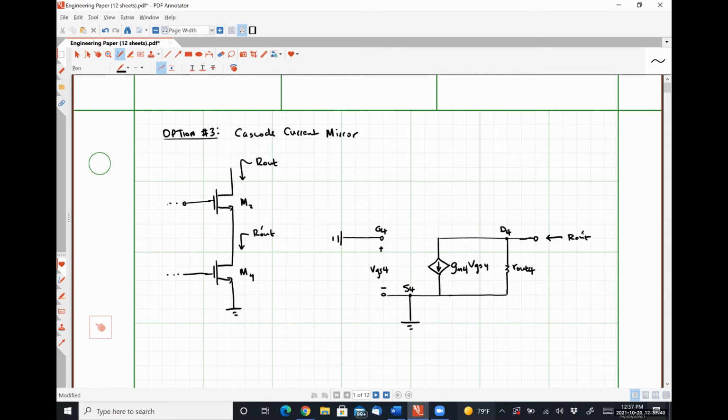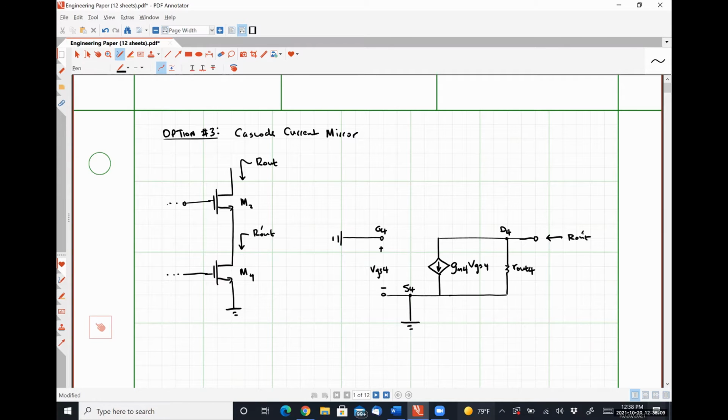Albert, I'm going to pick on you. What is VGS4 here? All right, so what is the voltage associated with the positive polarity terminal of VGS4? Ground, right? What's the voltage associated with the negative polarity terminal of VGS4?